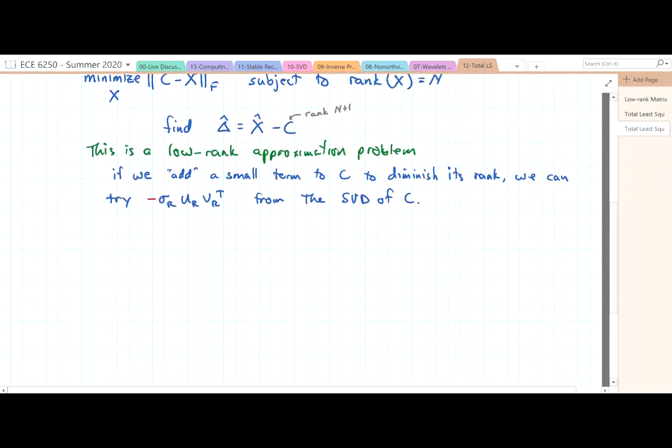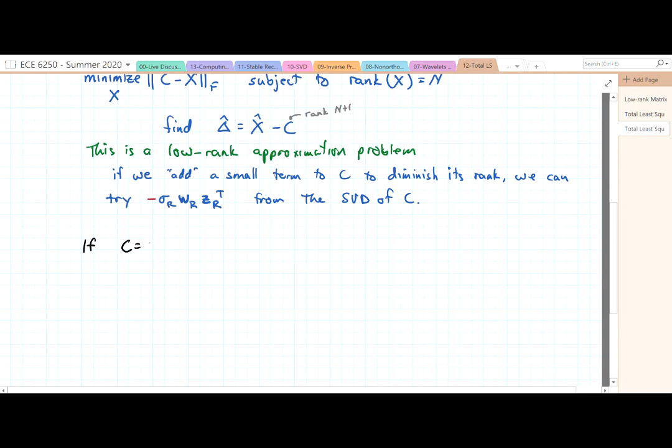So let's just put this all in one place. If C is equal to, and I think I better not use U and V because we've already used that for A. So let's use the vectors W and Z, like this.